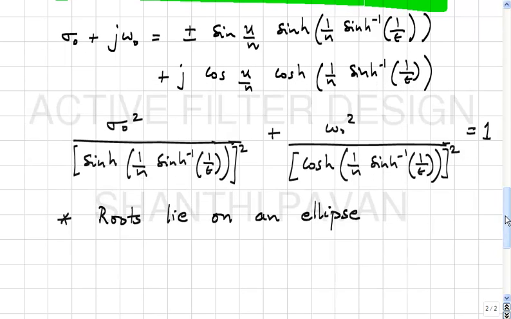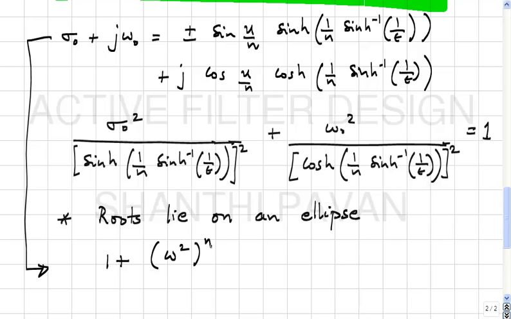Let me also, since we are at it, compare this with a Butterworth example. In a Butterworth example, what did we say? 1 plus omega square whole to the n is 0 for the Butterworth.